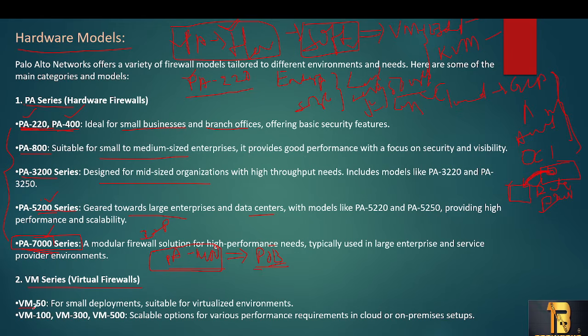You can choose which VM model you want: VM 50, VM 100, VM 300, and VM 500, based upon the requirement. Customers who want firewalls will purchase from Palo Alto. These are the hardware and software models. Software is also called VM, so don't get confused.